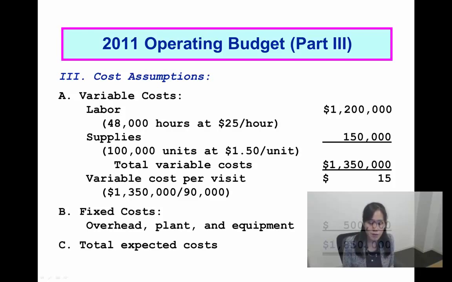We can also do the fixed cost estimation. Fixed costs will be things like direct fixed costs, so your equipment, your plant, the physical location of the building, and also your overhead costs that need to be allocated. For Carroll Clinic, they've estimated fixed costs to be $500,000. So now we have an expectation for costs for 2011.